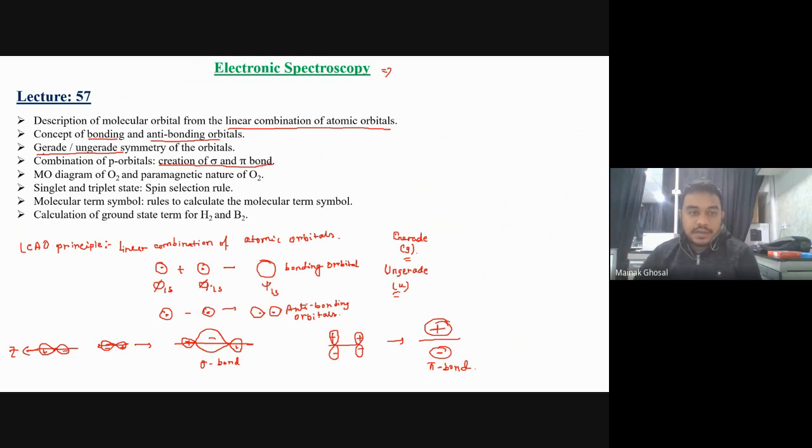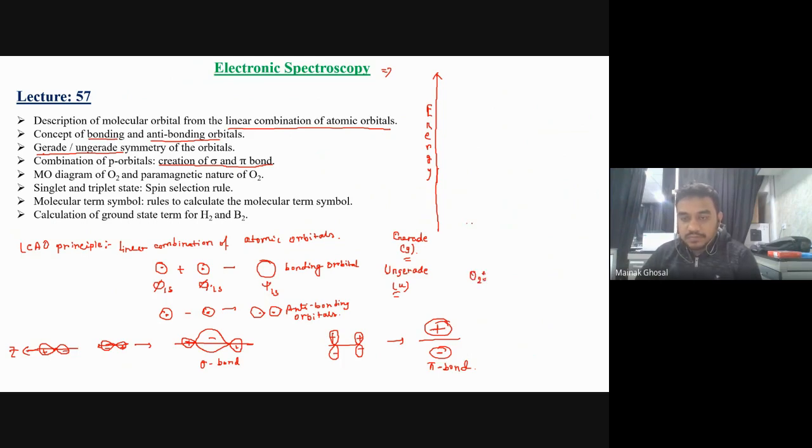Okay. Now, the MO diagram of oxygen and the paramagnetic nature of oxygen. It is a very interesting thing. So for oxygen, now suppose I'm doing it here. If you understand this one, you will understand everything. Okay. So this is your energy axis. So oxygen.